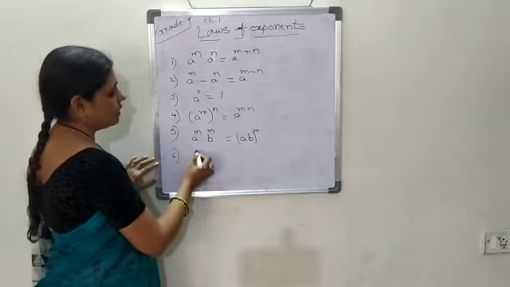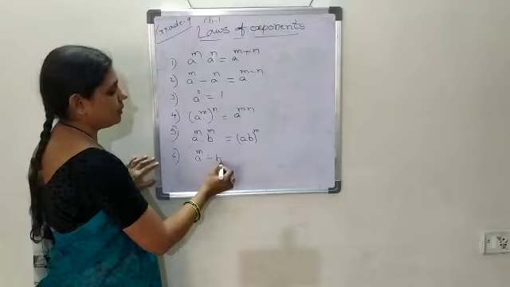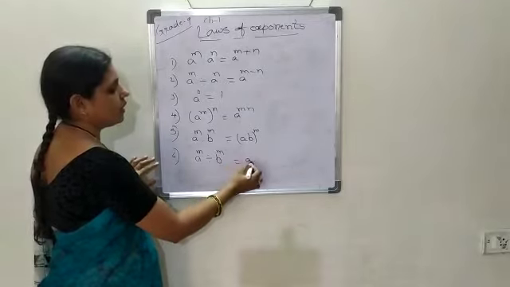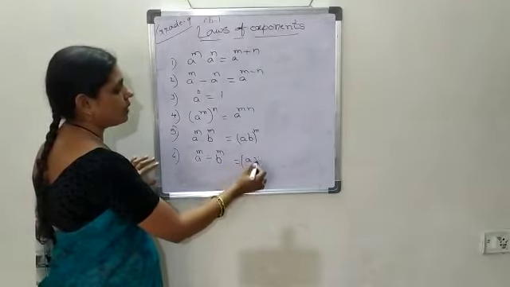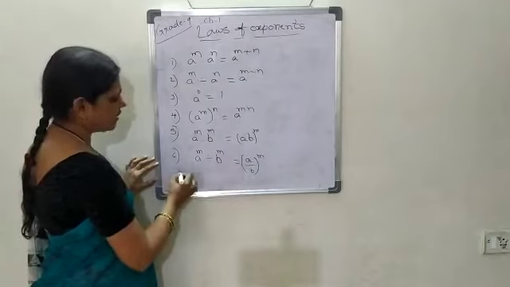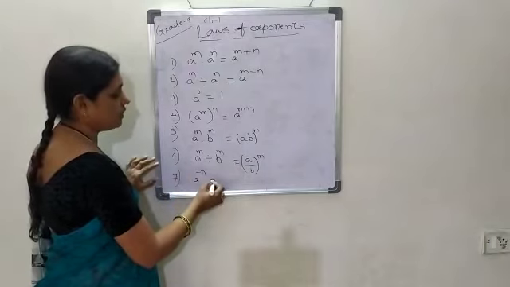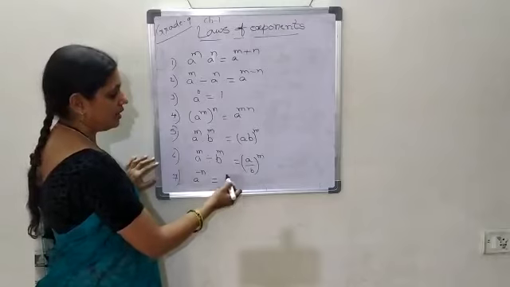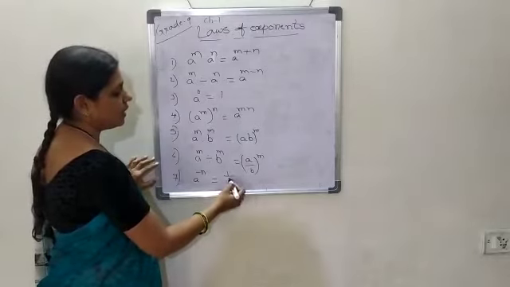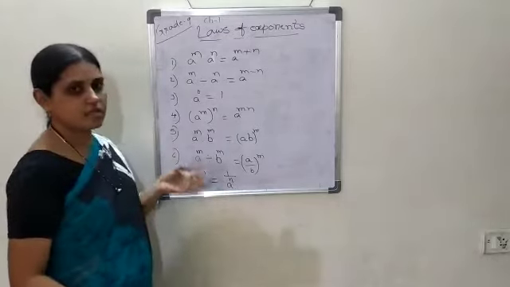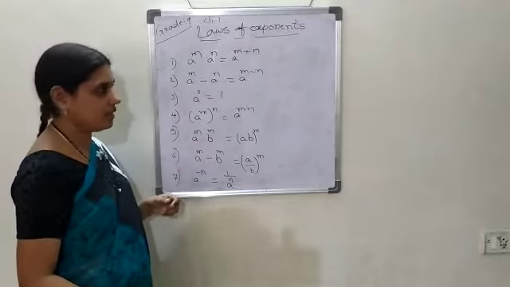And next one, a power m divided by b power m equal to a by b whole power m. And the last one, with the negative exponents also we definitely have: a power minus n equal to 1 by a power n. So these are the laws of exponents we already learned in 7th and 8th grades.